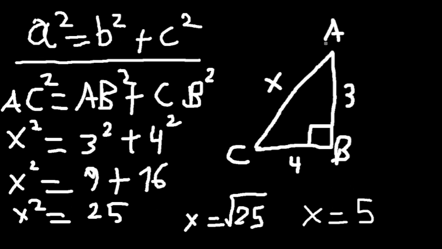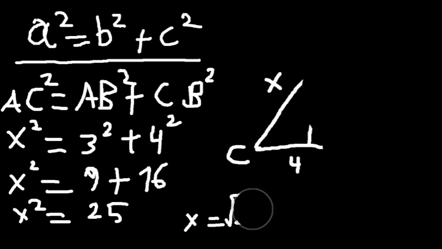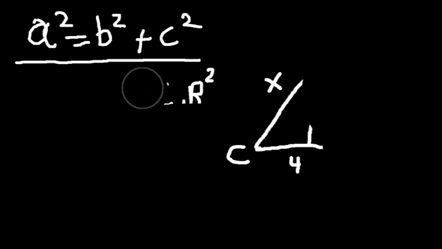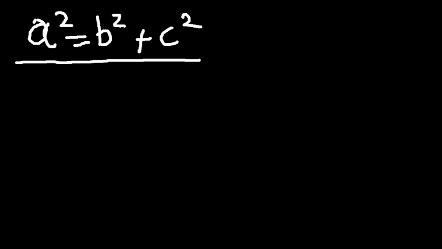Okay, now we are going to want to find another side. So I'll show you how we can do that, and then I'm going to wrap up the video. Let's go. Okay, so we're gonna draw a triangle.